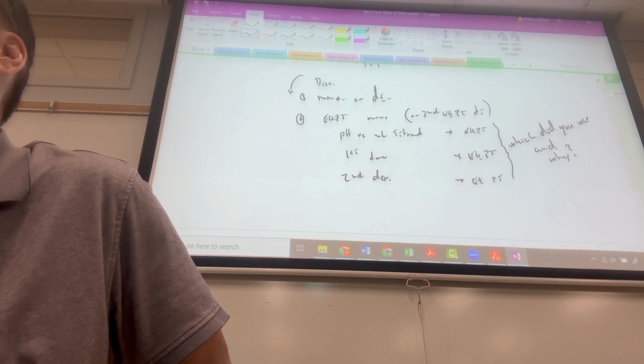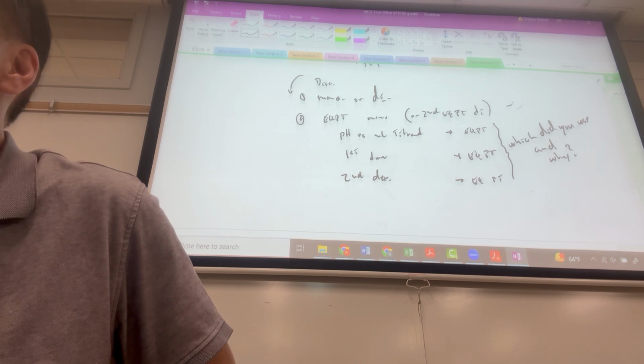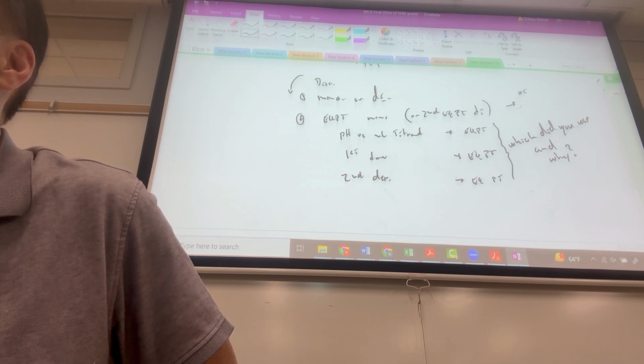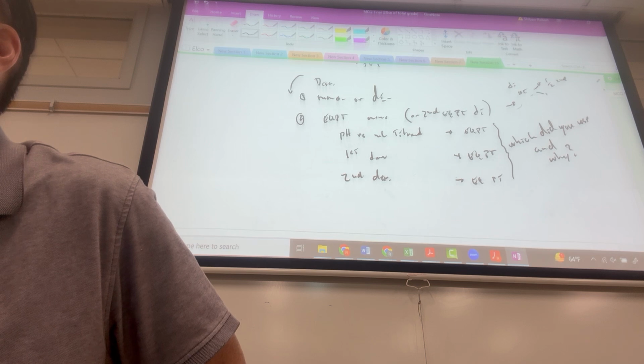You can measure it and compare it with what we expect. So for diprotic, the first is one half the second, and we can get it from the plots. Did they agree?